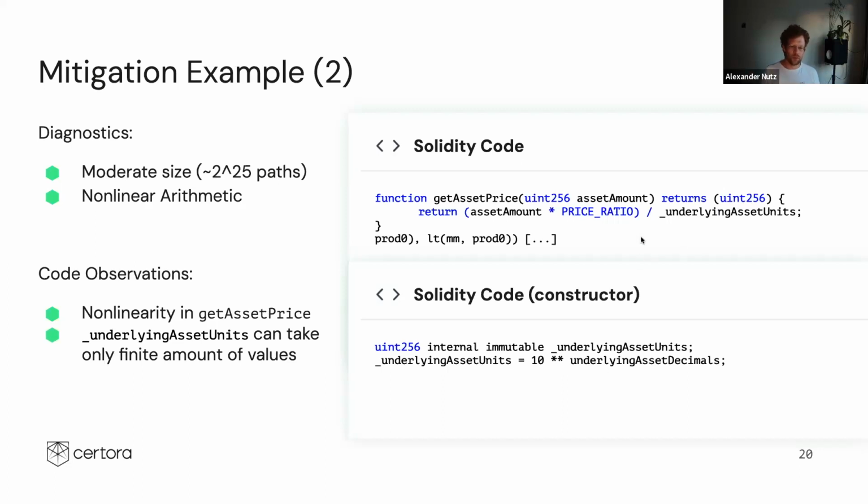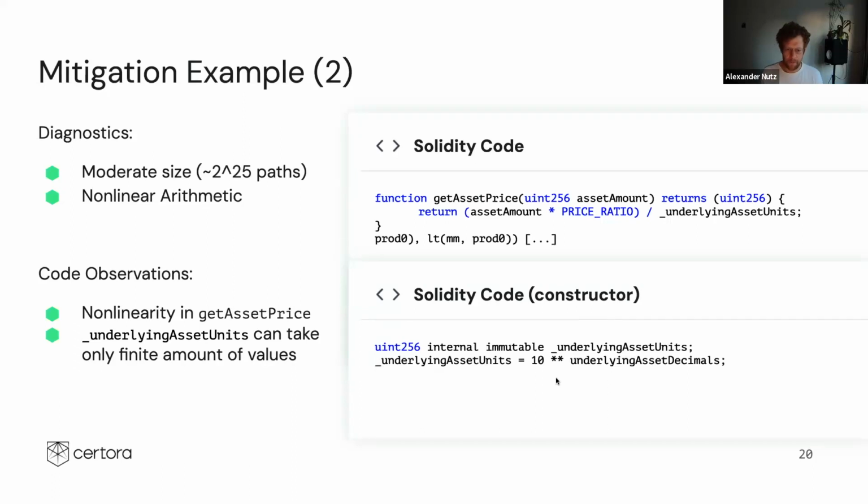Now this is true, however, this wasn't in the constructor of the contract. So the rule didn't know immediately that this is a power of 10.